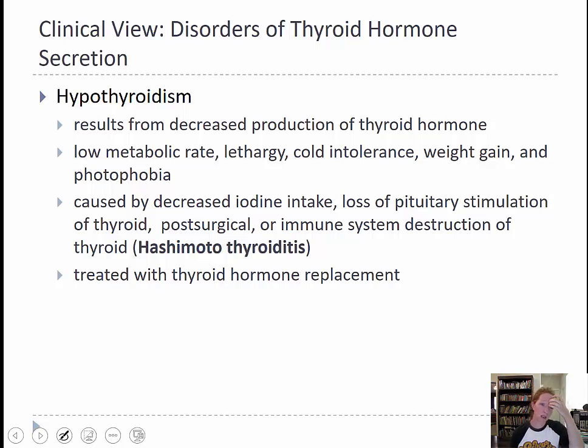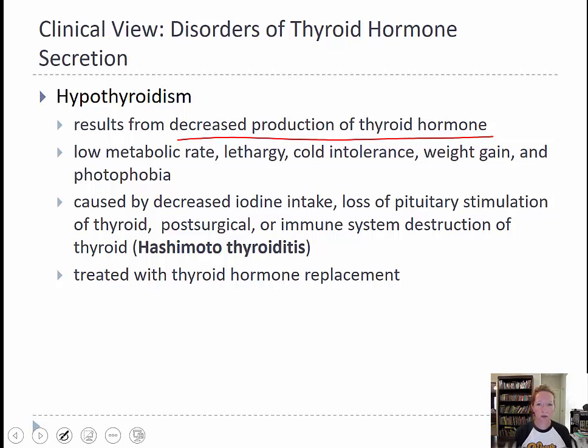Hypothyroidism can be because you're not taking in enough iodine. I mean, if you think about why hypothyroidism occurs, look at that, decreased production of thyroid hormone. If you don't have iodine in the bloodstream, then that means no or not enough thyroid hormone is going to be produced if you don't have enough iodine intake. Also, again, problems with the pituitary gland can cause problems.